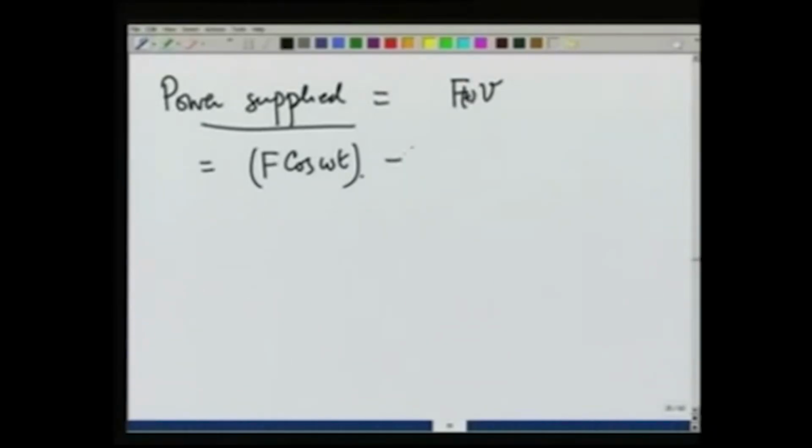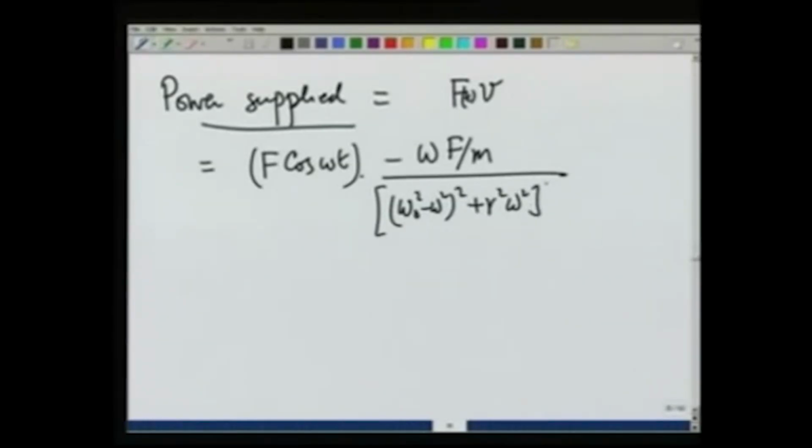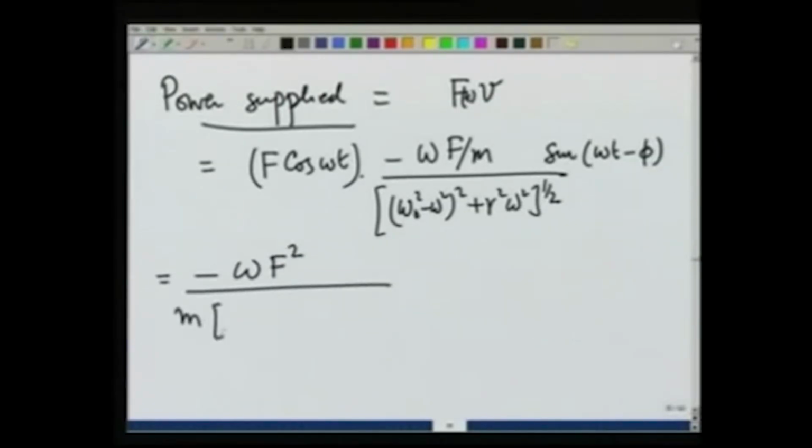Velocity is minus omega f over m divided by omega naught square minus omega square, whole square, plus gamma square omega square, to the power 1/2, times sine of omega t minus phi, and this can be written as minus omega f square divided by m, over the same quantity raised to 1/2.